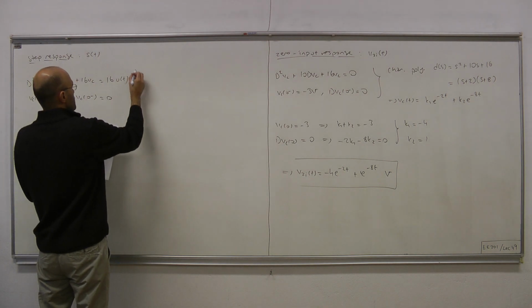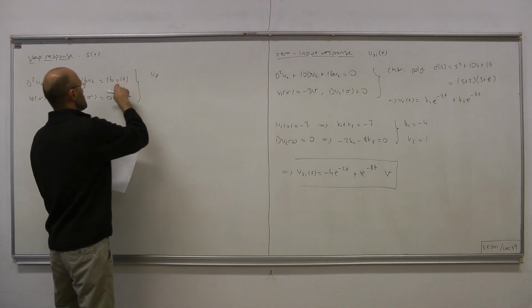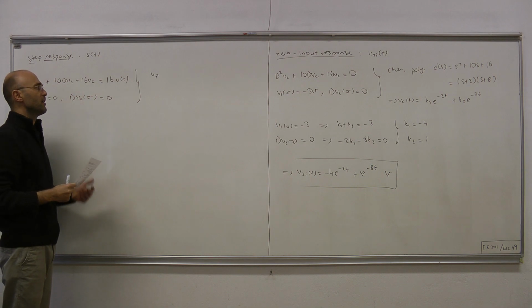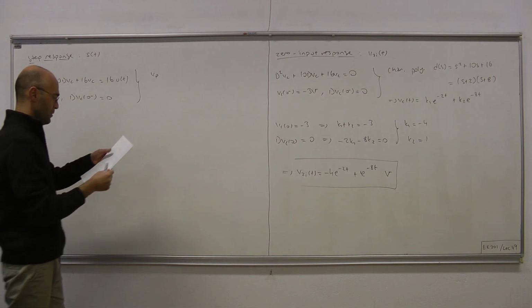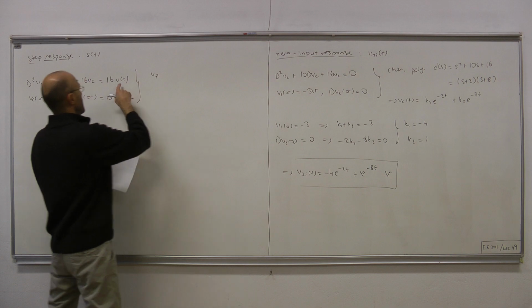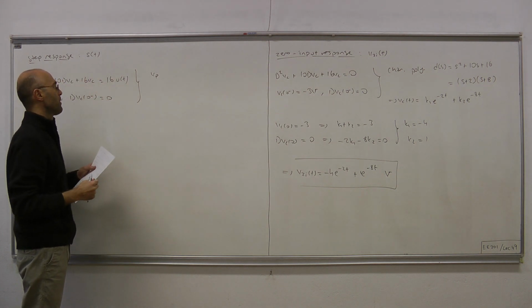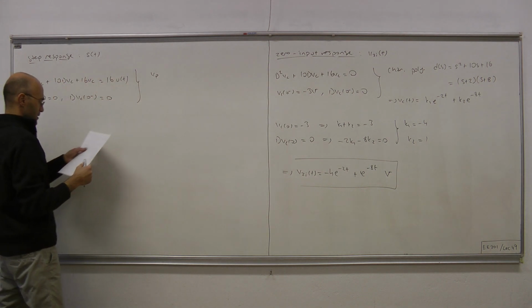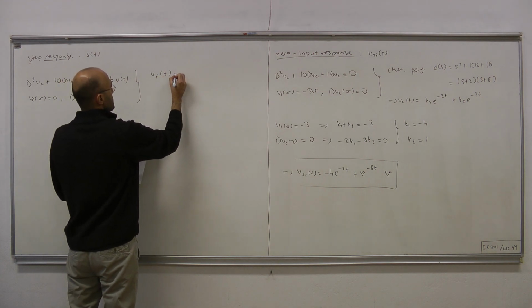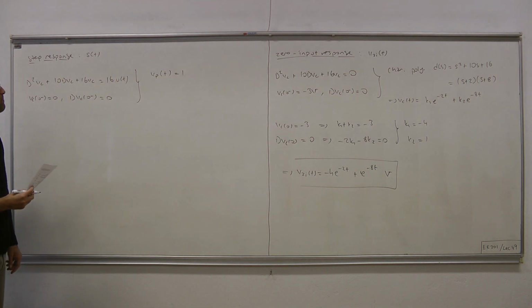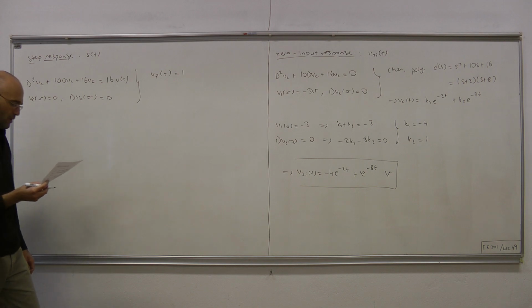And then what we have is, because we have a non-zero right-hand side, we also have a particular solution. The particular solution in this case is constant, because step is constant for t positive, and the particular solution turns out to be 1, which we determine directly using the differential equation.